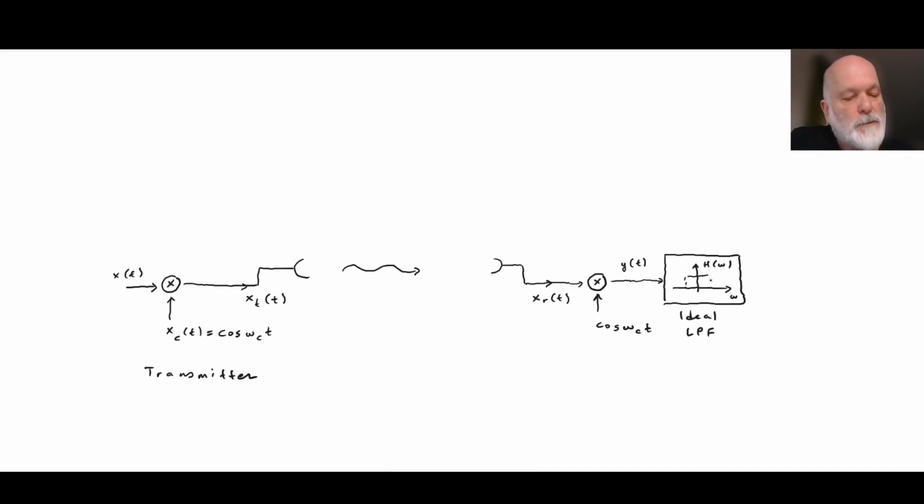It can be chosen arbitrarily if you wish, but the cutoff frequency is chosen.